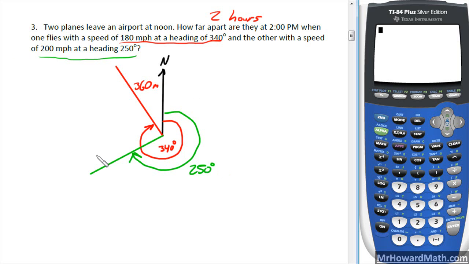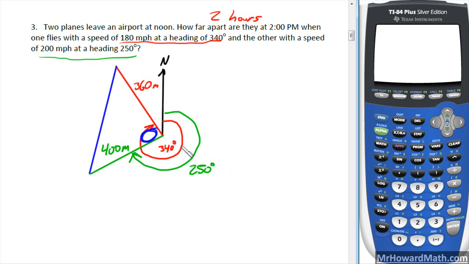And now this line here, this terminal side, 200 miles per hour for 2 hours, so that'd be 400 miles is the length there. And we want to know how far apart are they, so we're finding this side length right here. So if we find out what angle theta is right here, that will help.